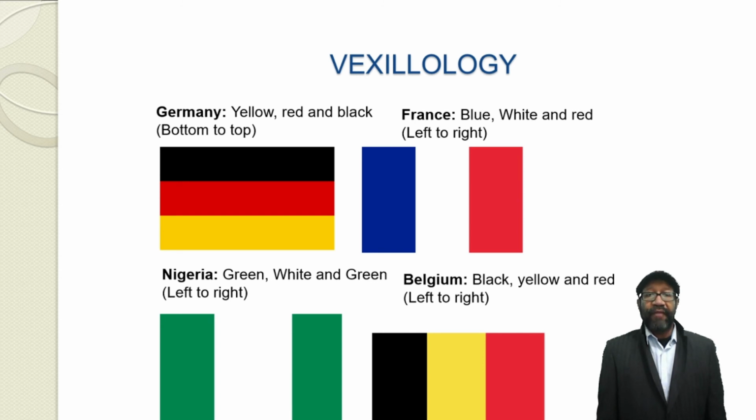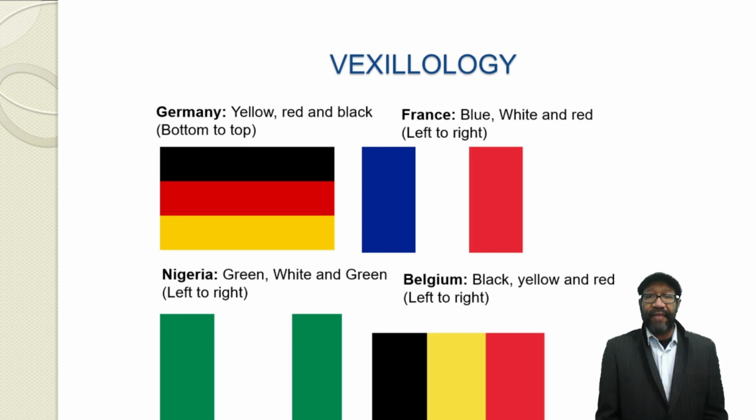So we have here the Germany flag, or the German flag. The colors are yellow, red, and black. And I'm seeing them from the bottom to the top, as you can see there. On the side, we have France. So the French flag colors are blue, white, and red.